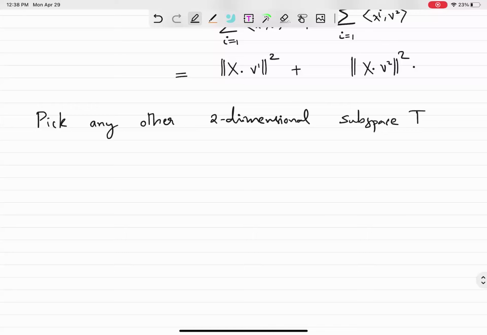We want to say that SPC is the best maximizer among all two-dimensional subspaces. You pick something else and let's compare the two. You want to say the one is better than the other, but let's see how we can do that.